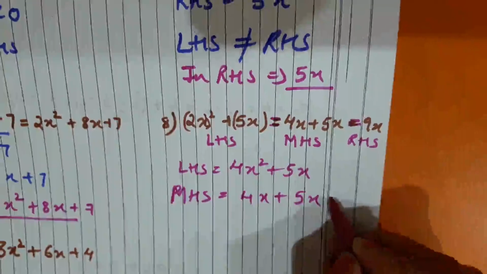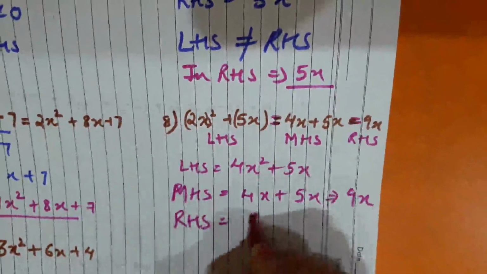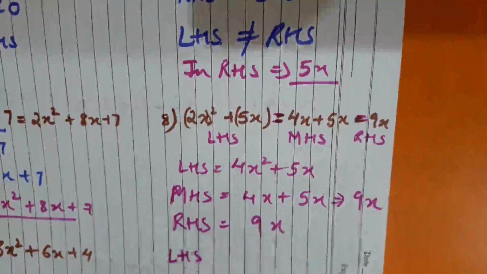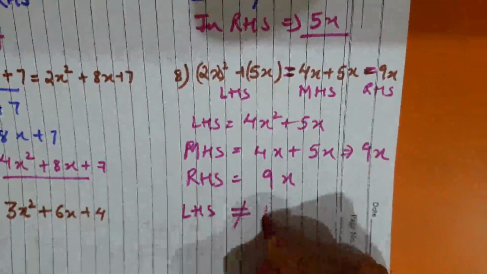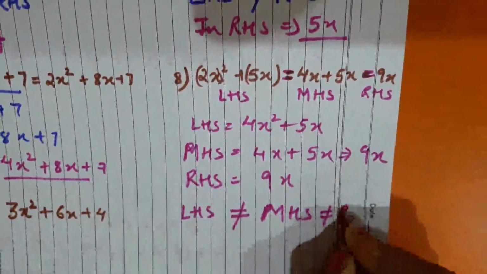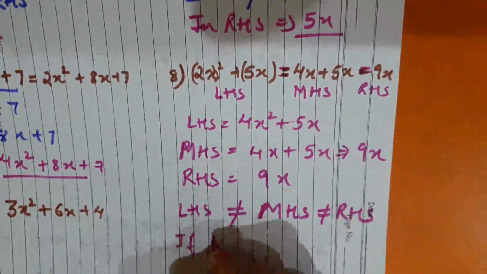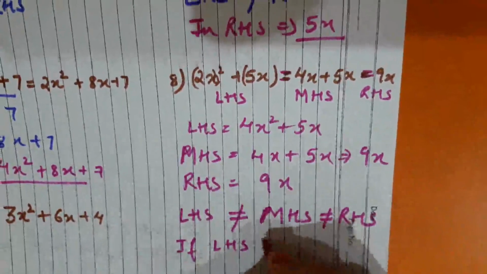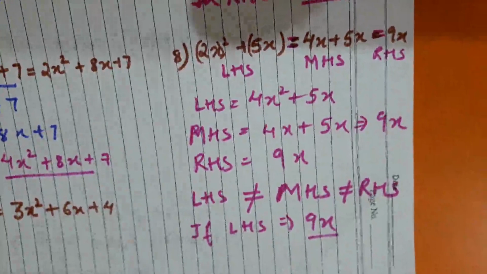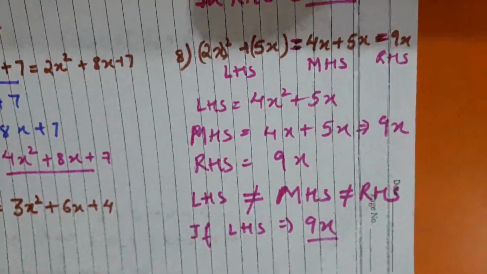Both are like terms, so it should be equal to 9x. And on the rightmost side we have 9x. So the leftmost side is not equal to the middle side and not equal to the right-hand side. If 9x is there on the left-hand side, then only all three sides will be equal to each other. In this way we can correct it.